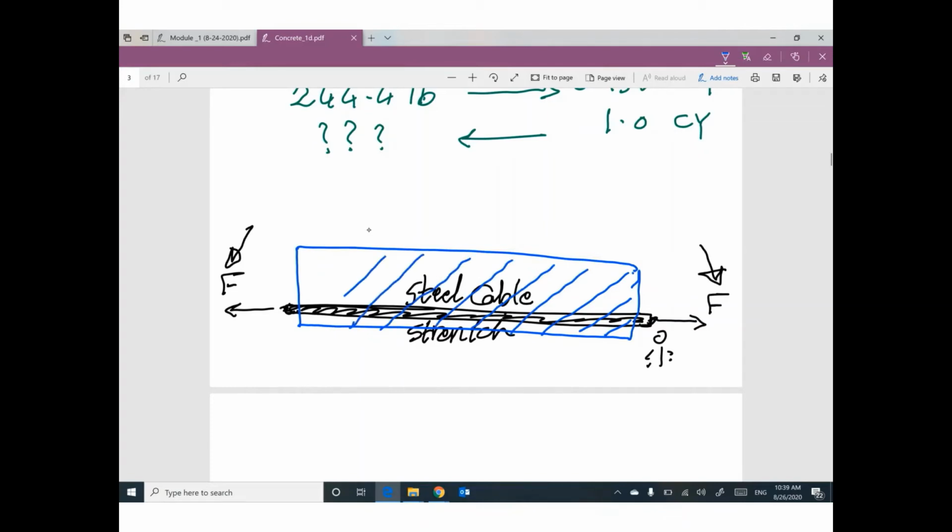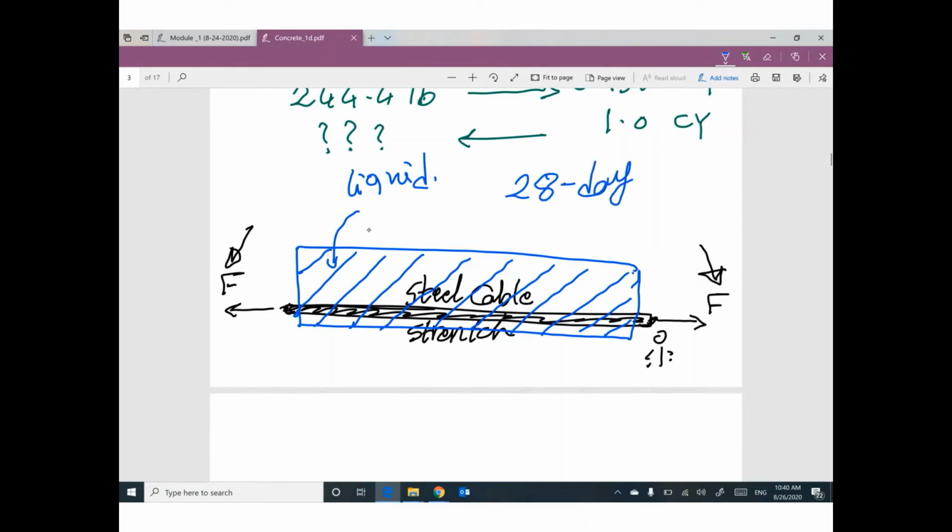Concrete is liquid at this moment at pouring. Concrete is liquid, and the steel cable is stretched. Remember, the steel cable is stretched, and I poured concrete. Concrete is still liquid. I wait for probably 28 days.